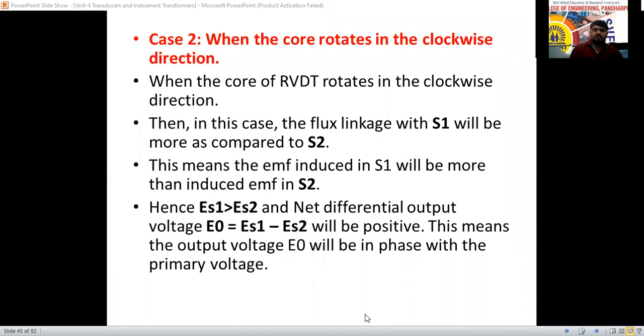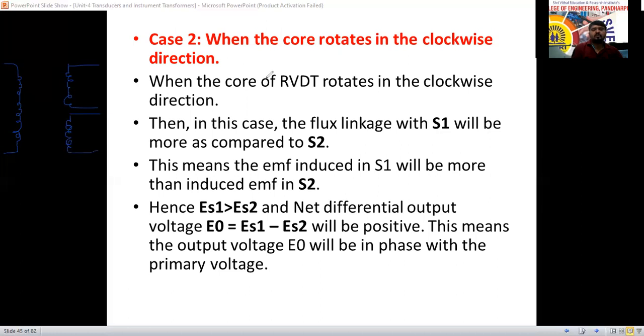So I have drawn the diagram. The primary winding, I will draw first. The primary winding, this one. So the secondary winding is this one, called S1, and this one I will consider as S2.